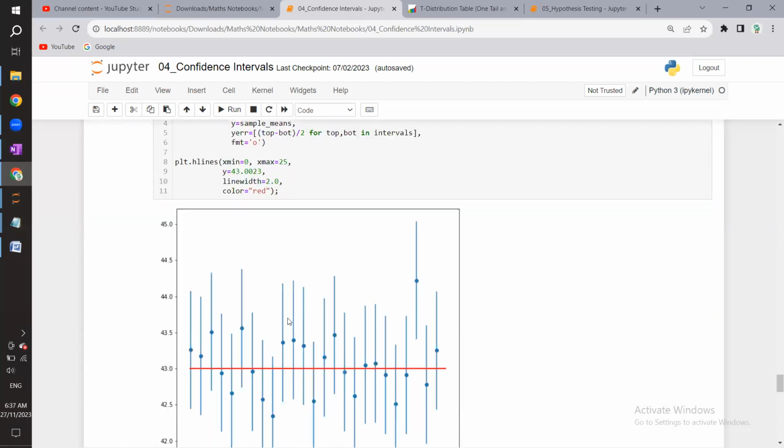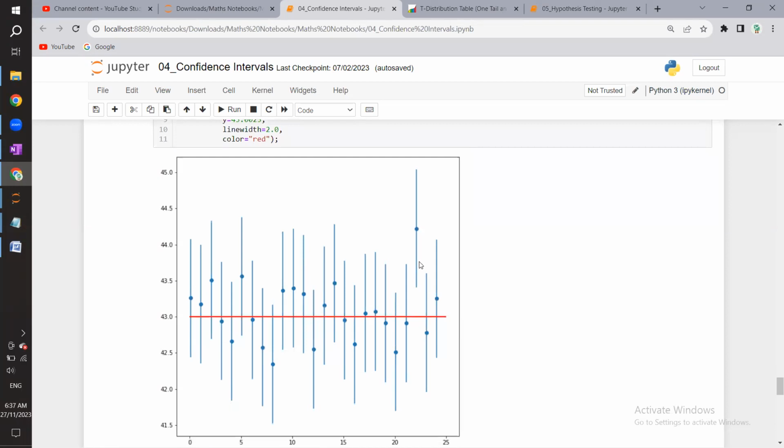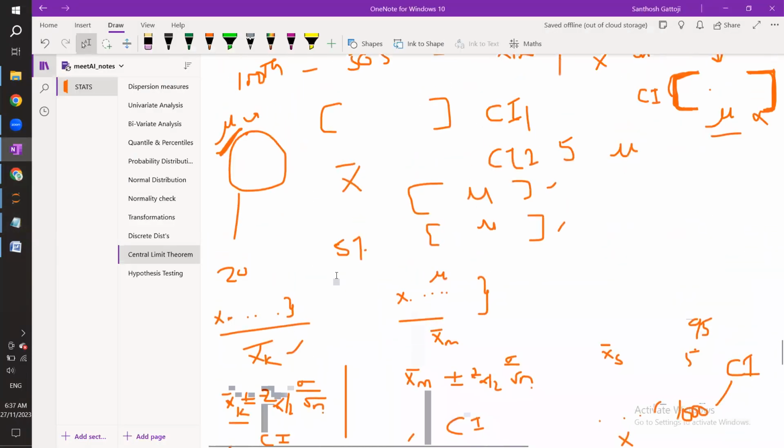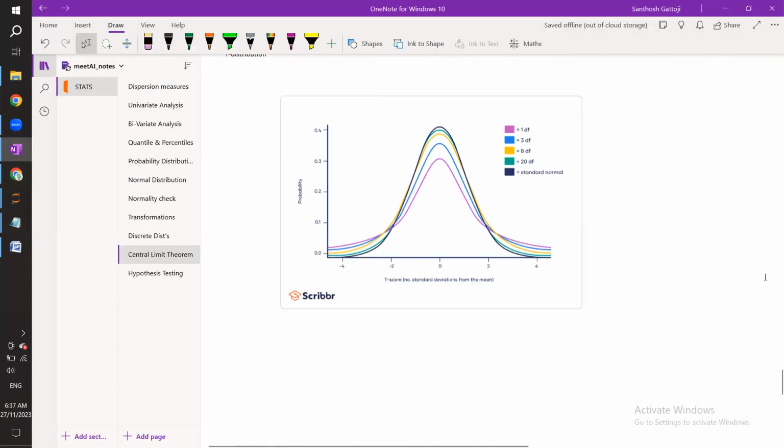That's the example over here. You can see there is only one missing, but 95% of the times it is able to capture the true population mean. So the same thing we have studied the other day.